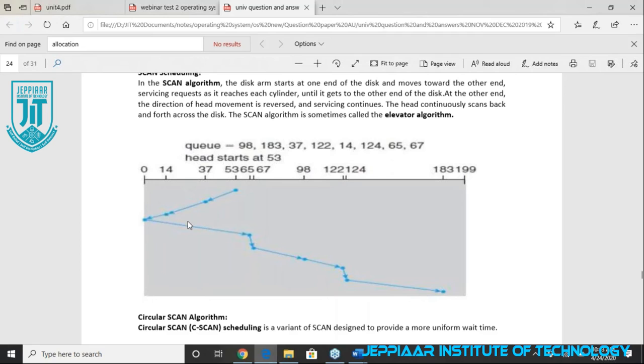So immediately I change the direction to 65. So why unnecessarily go to 0 and then again start to 65? So to reduce the head movement from 14, I'm just changing my direction. I'll service in the reverse also, similar to my scan. So the only difference is at 14 I'm not going to 0, immediately 14 to 65. Fine, understood? So the only difference is this.